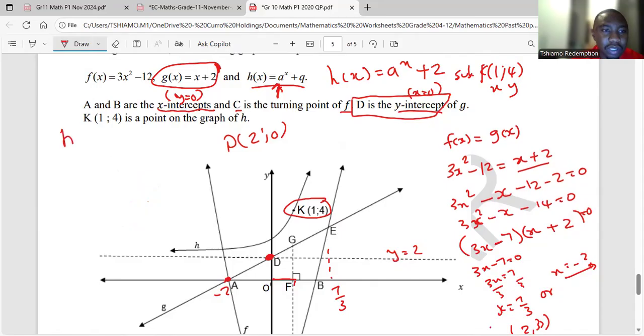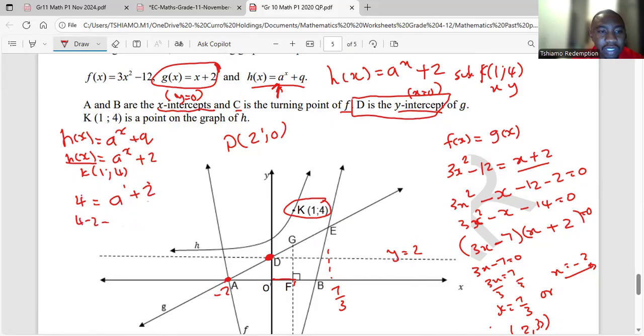So this is the equation that we were given, a times b to the x plus q. We found out that q is 2, which is the asymptote. Now we're substituting K, which is (1; 4). f of x is the output, which is y. So I'm going to put 4 equals a times b to the 1 plus 2. Take this 2 to the other side.